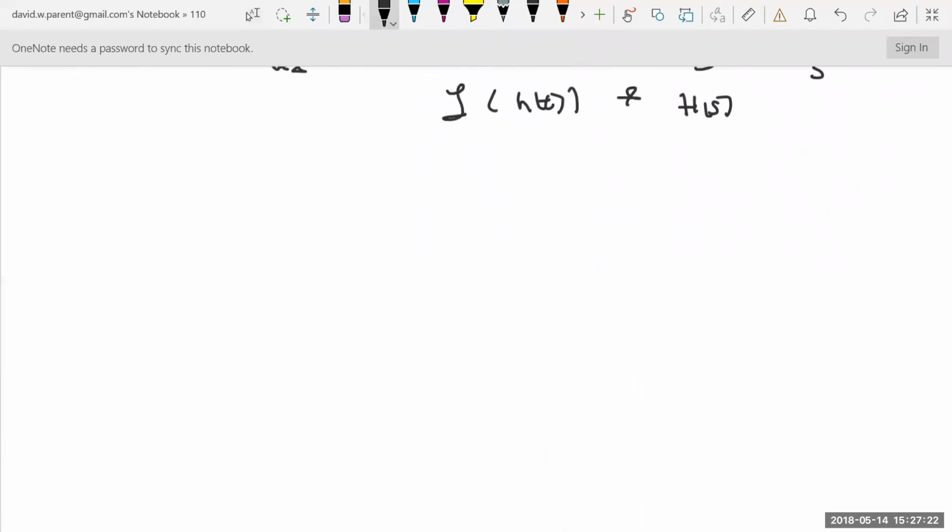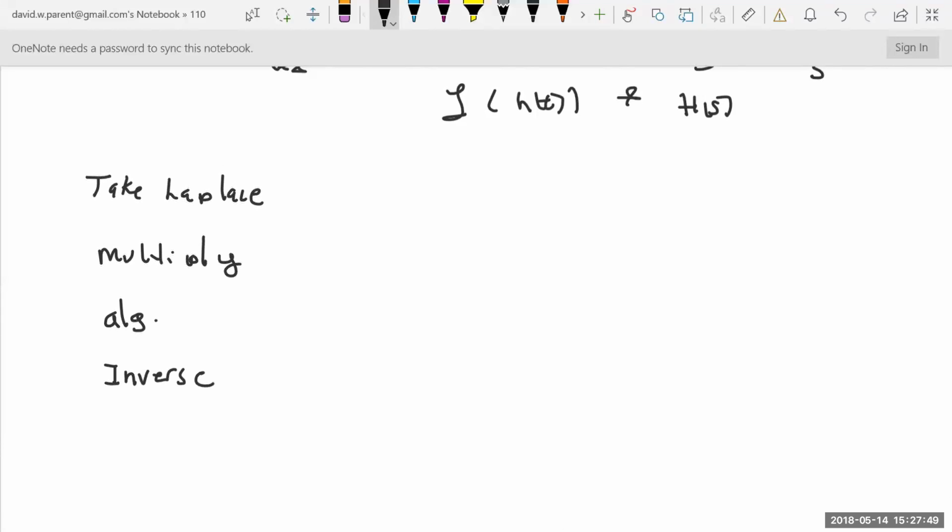But you take the Laplace, multiply, you do some algebra, you take the inverse, rather than going through this convolution integral.